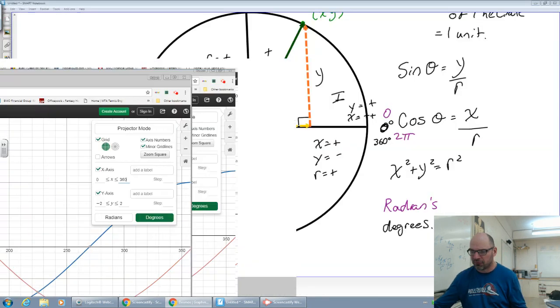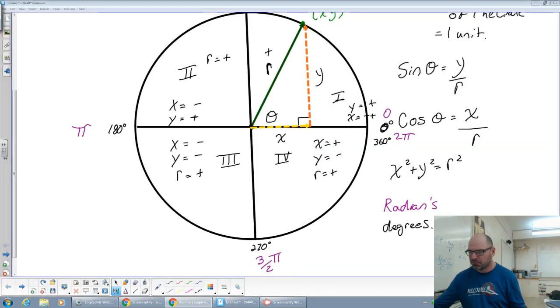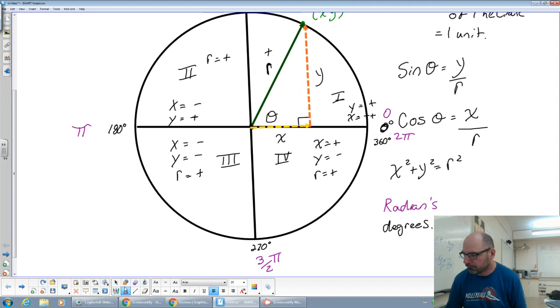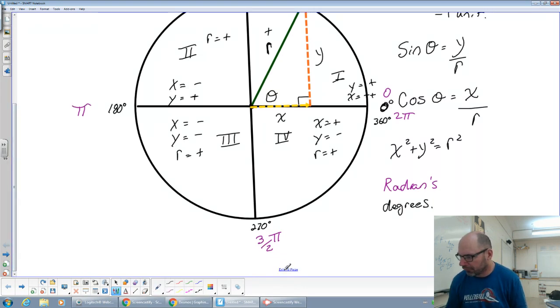So let's move this over here, and let's do the basic shapes here. Okay, there's our graph. Okay, now if you're using the unit circle, we'll make this a little bigger here.